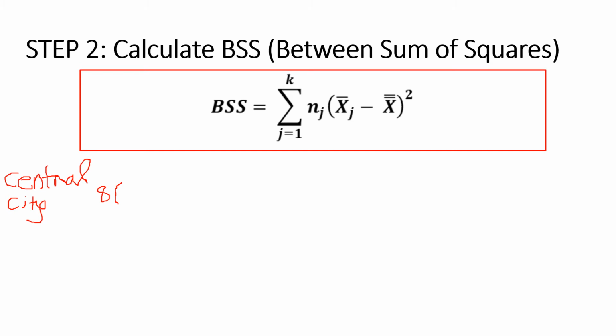The sample mean for Central City was 48.63. We square that.